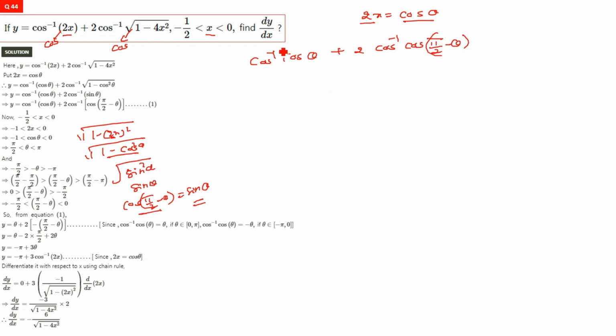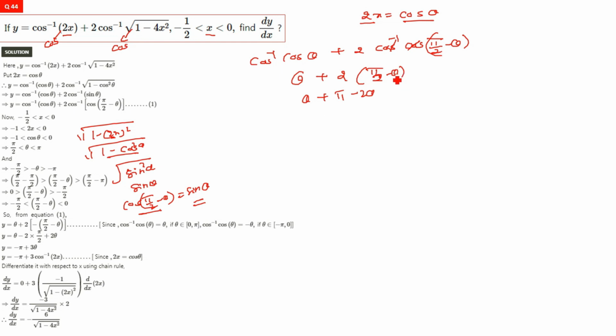Now you can just cancel it out. Beware, I am just doing it. So cos inverse I cancelled, here also cos inverse I cancelled, theta plus twice into pi by 2, that is pi minus 2 theta. So pi minus theta will come. But you will see just now, it is not going to come. We have done a question like this.